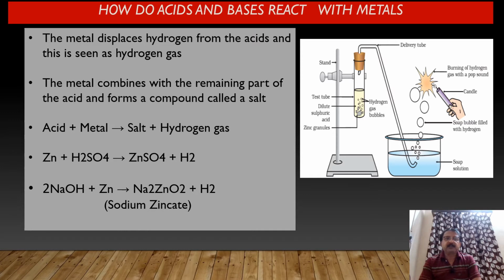Second example is sodium hydroxide, that is base, plus zinc. With the reaction of this, we will get here sodium zincate plus hydrogen gas. So we have seen here in both the cases hydrogen is released from acid and bases.